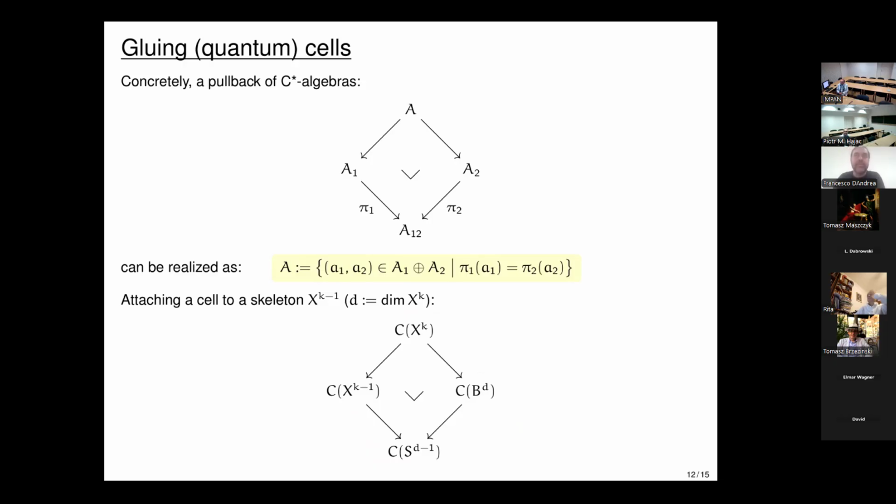So it's a kind of non-commutative boundary map from a quantum ball to a quantum sphere. Now it is debatable what we mean by quantum ball and quantum sphere. The minimal requirement would be that at least the K-theory is the correct one, is what you would expect. And we will see that this is actually the problem with our example. We still are not completely clear how to solve it.